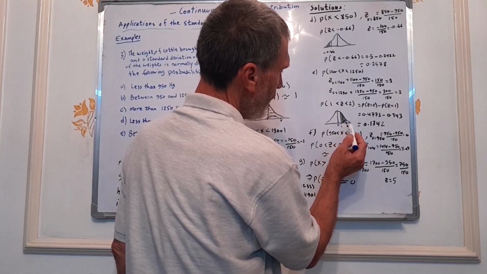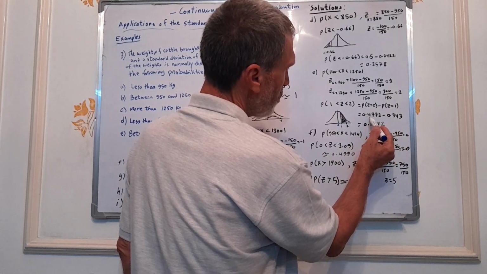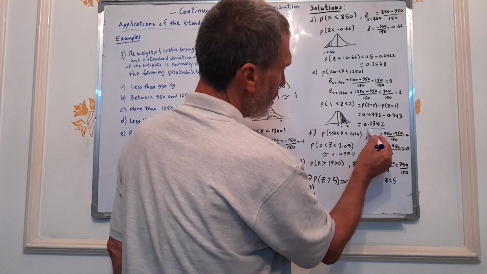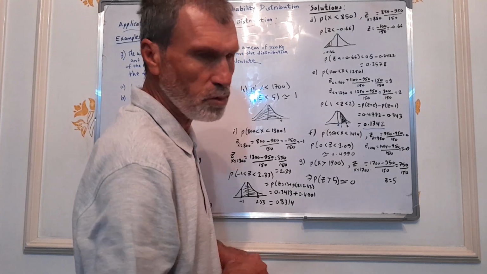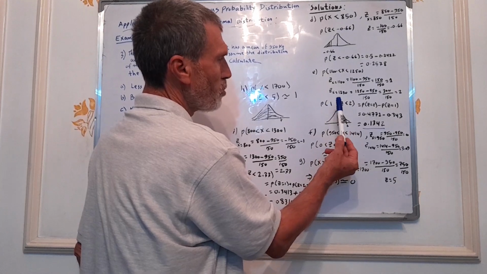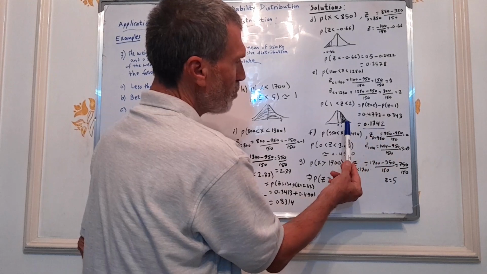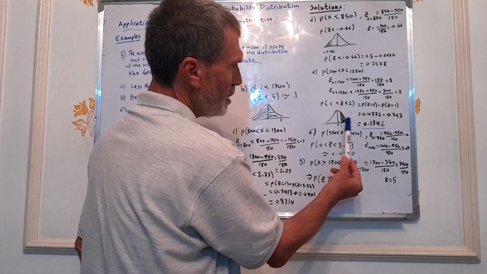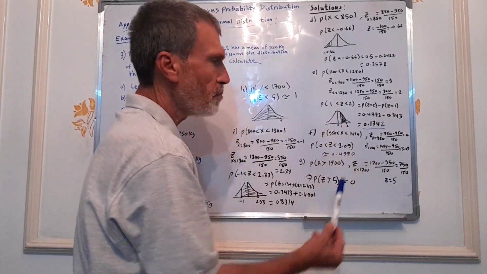So we'll come up with the area between Z equal 2 and Z equal 1, which is equal 0.4772 minus 0.3413, and we come up with 0.1359. So probability of Z between 1 and 2 is going to equal probability of Z equal 2 minus probability of Z equal 1. Probability of Z equal 2 is the area between 2 and 0. Probability of Z equal 1 is the area between 1 and 0. So the difference between them, we come up with this.